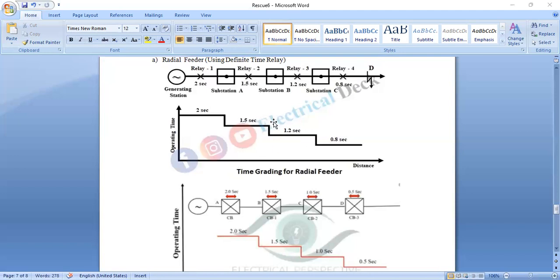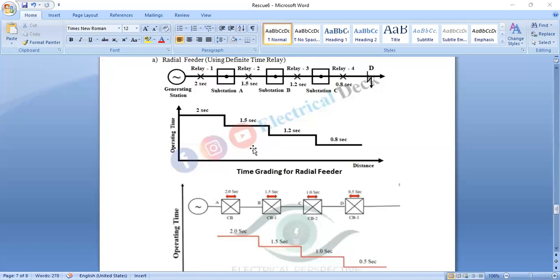So this type of system is not suitable for the ring main system or the interconnected system. It is suitable only for radial lines which are supplied at one end only. It is also not suitable to coordinate, and needs changes with new connections.